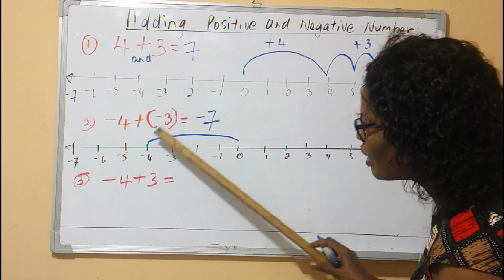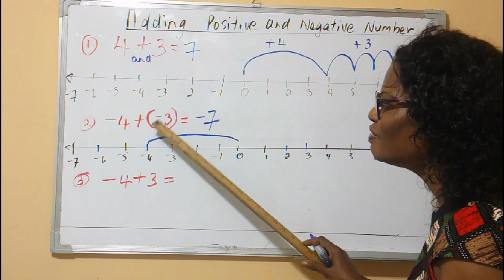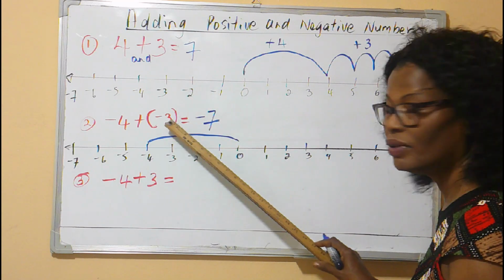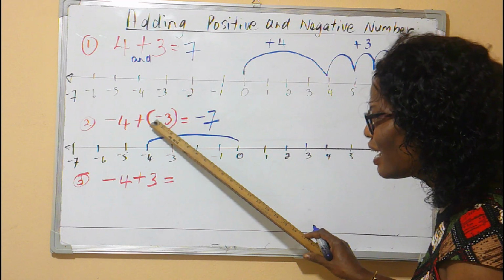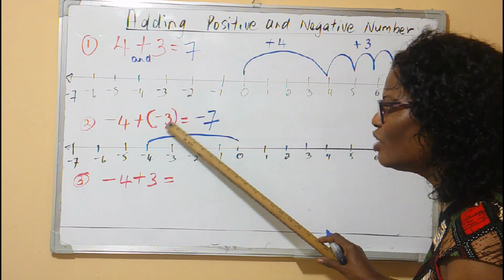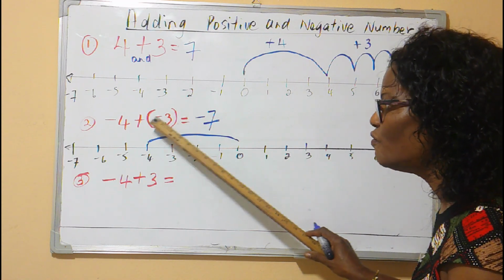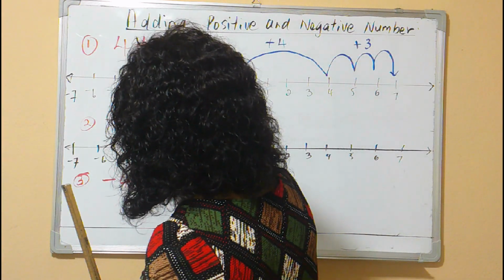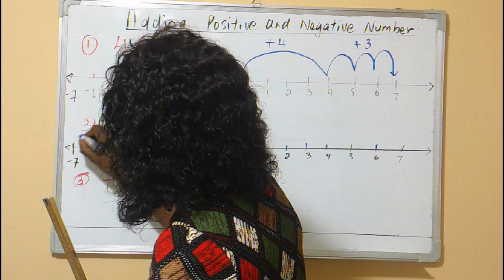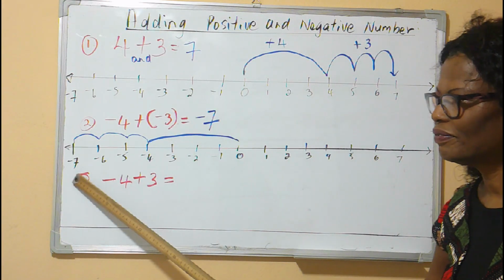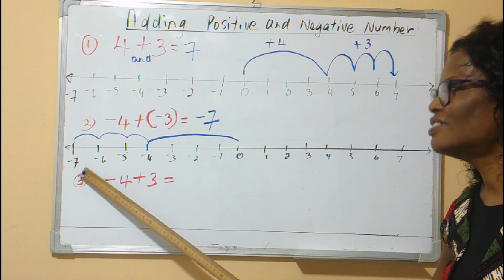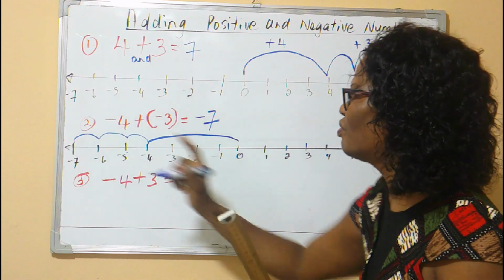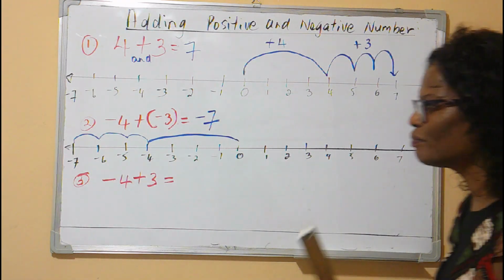And we put a bracket around it to show that this negative is a sign of the number 3. You got that? This negative is a sign of the number 3. We don't want to confuse it with any other sign. Alright, so we're going to make 3 steps now to the left. And where do we end? Negative 7. So that's a negative 4 and a negative 3 will give me a negative 7.